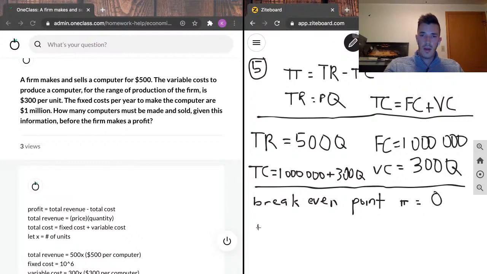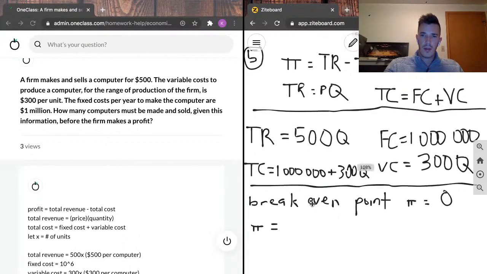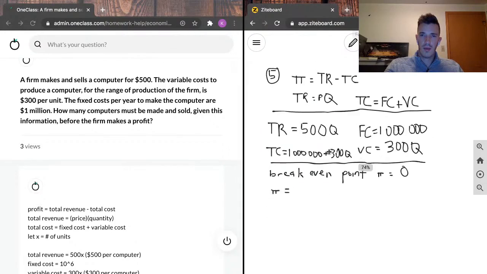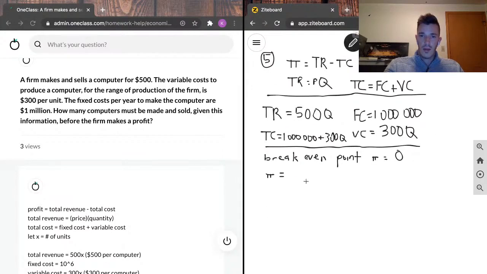We know that profits equal total revenue minus the total cost.